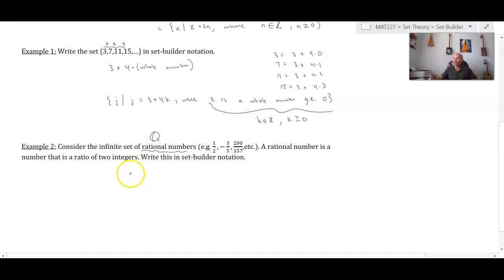So the set of all rational numbers could be described as the ratio of two integers, m divided by n. Again, you don't have to use m and n, it could be x divided by y, or they just have to be different, right? Because the numerator and denominator may or may not be the same.